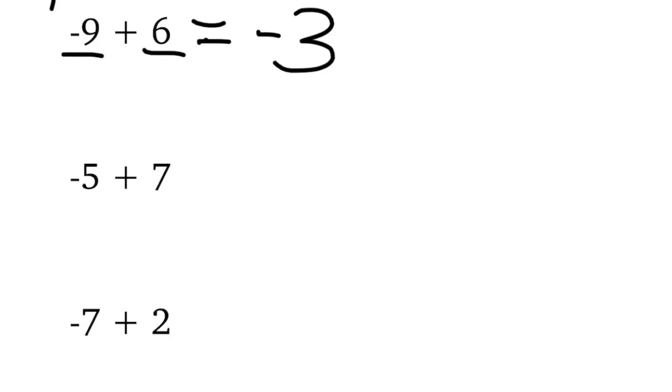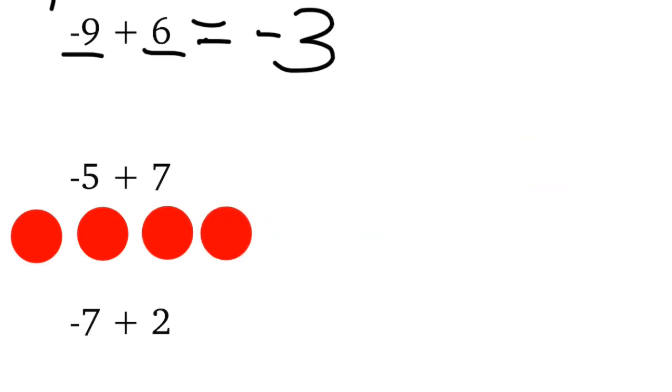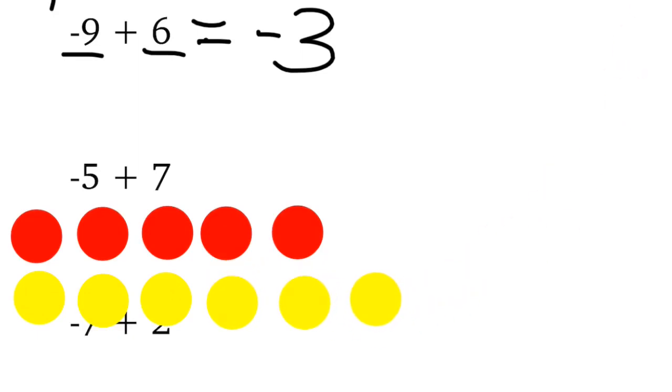So I'm going to start by putting my counters out. I'm going to put out 5 negative counters. 1, 2, 3, 4, 5. And I'm going to put out 7 positives, and I'm going to line them up with my negatives so that I can see those 0 pairs. 3, 4, 5, 6, 7.